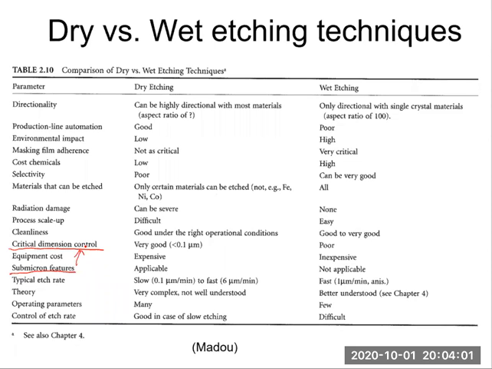This is the reason that currently in the IC industry, the integrated circuit industry, for example CPU fabrication, dry etching is dominant, because it can achieve micron or even nanometer dimensions. But in research labs, we still use a lot of wet etching, because of its cost and convenience.